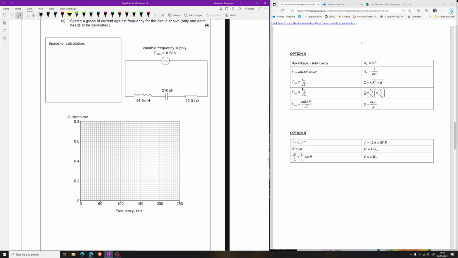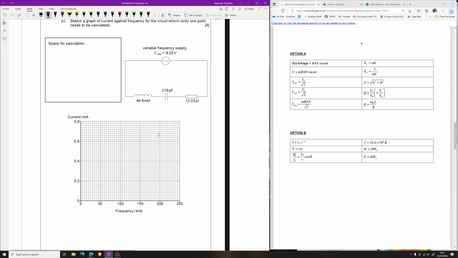The general shape of this, it's going to come up from 0, it's going to peak, and then it's going to tail off like a resonance graph. We need to calculate where the peak is. So we already know the frequency. The frequency is 50 kilohertz, 5 times 10 to the 4 hertz. So the peak is somewhere on this line.